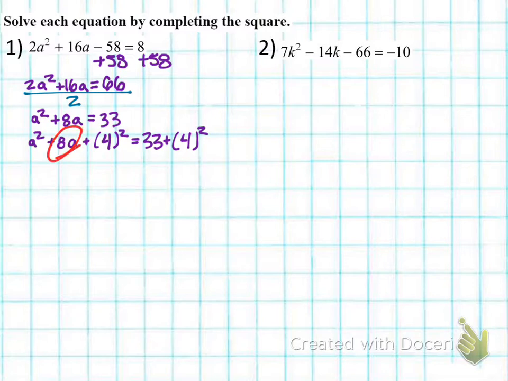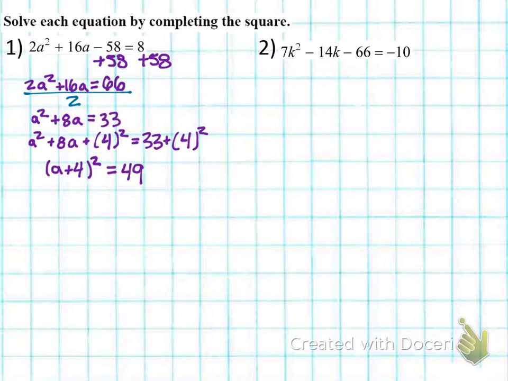I'm looking at this number and cutting it in half, so I have 4. Then this drops down. That means that the a squared plus 8a plus 4 squared, we created that so that we would have a perfect square binomial, right? So a plus 4 squared. And then on the right side I have 33 plus 16, which is 49.